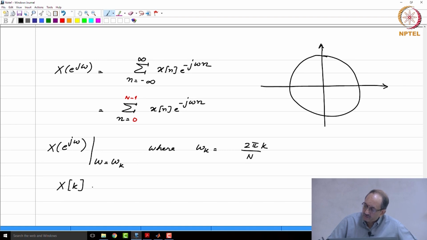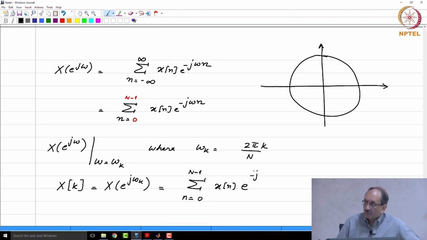you can call these samples X of k. So, this is nothing but X of e to the j omega k. So, this is nothing but n going from 0 to capital N minus 1, x of n e to the minus j omega k n.